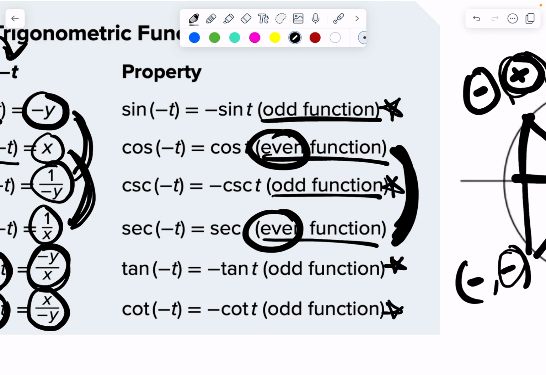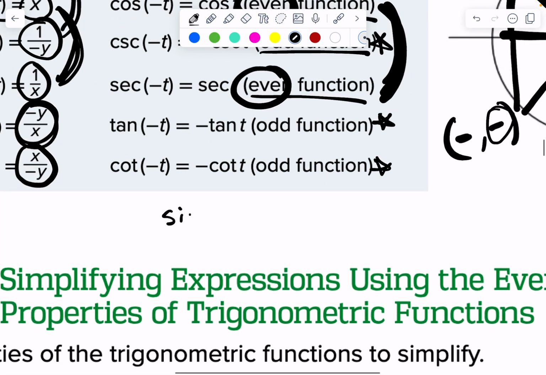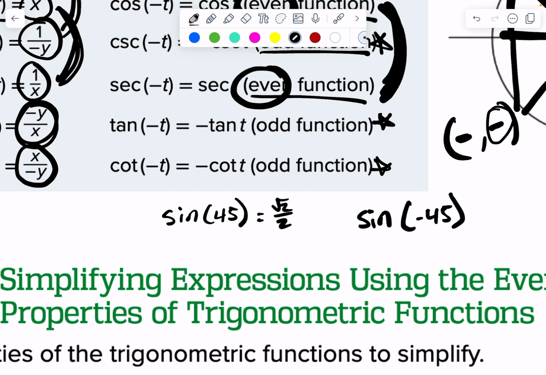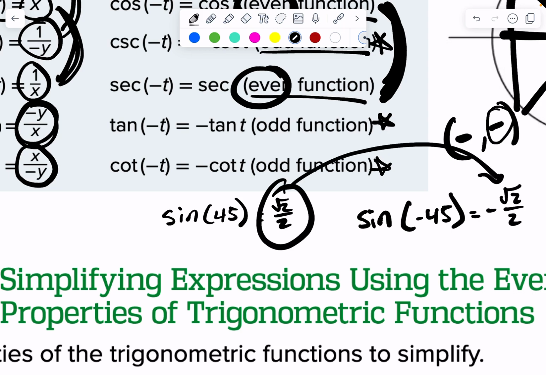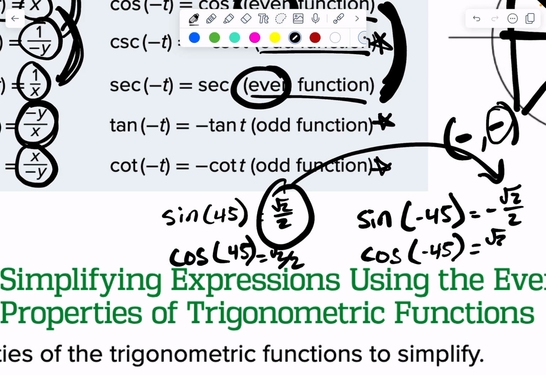Sine of 45 degrees is square root of 2 over 2, but sine of negative 45 degrees becomes negative square root of 2 over 2. This value changes to negative. Cosine is not that way. Cosine of 45 degrees is square root of 2 over 2, but cosine of negative 45 degrees is also square root of 2 over 2.